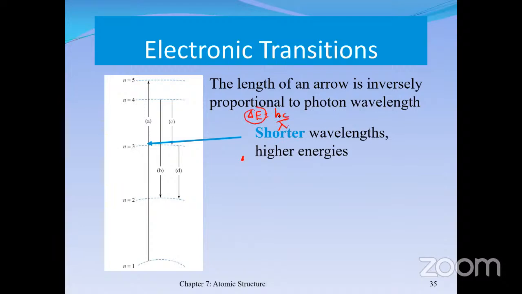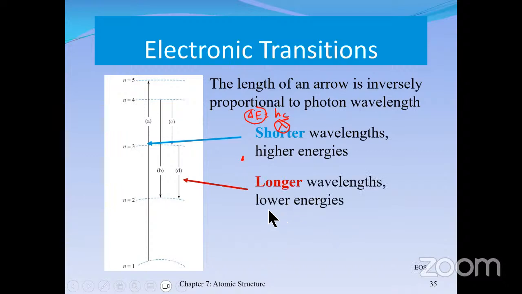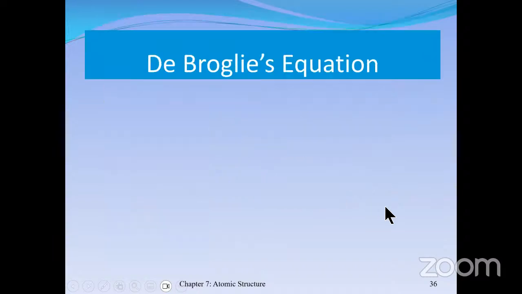Here is delta E, here is lambda, and we can obviously see that's an inverse relationship, right? So as stated here, if the energy gap is high, then that corresponds to shorter wavelengths, such as going from n equal 1 to n equal 5, right? On the other hand, if the energy gap is low or small, then the wavelength for the transition would be longer, right? And that comes directly from the relationship between delta E and lambda.